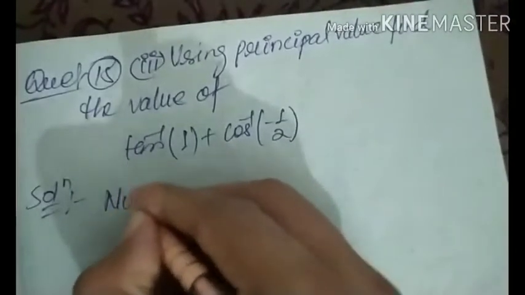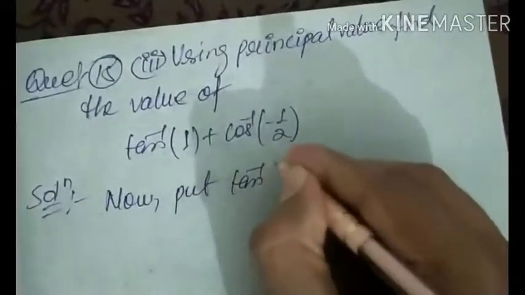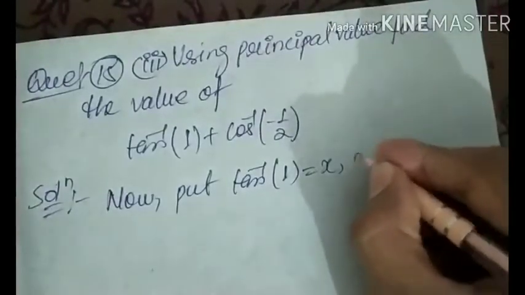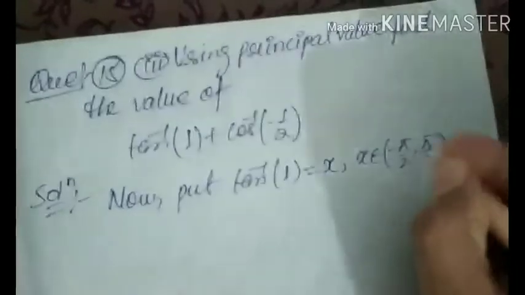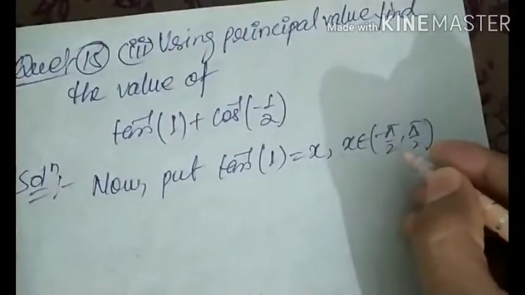Now put tan inverse 1 is equal to x, where x is between minus pi by 2 to pi by 2. This is the range of tan inverse x.